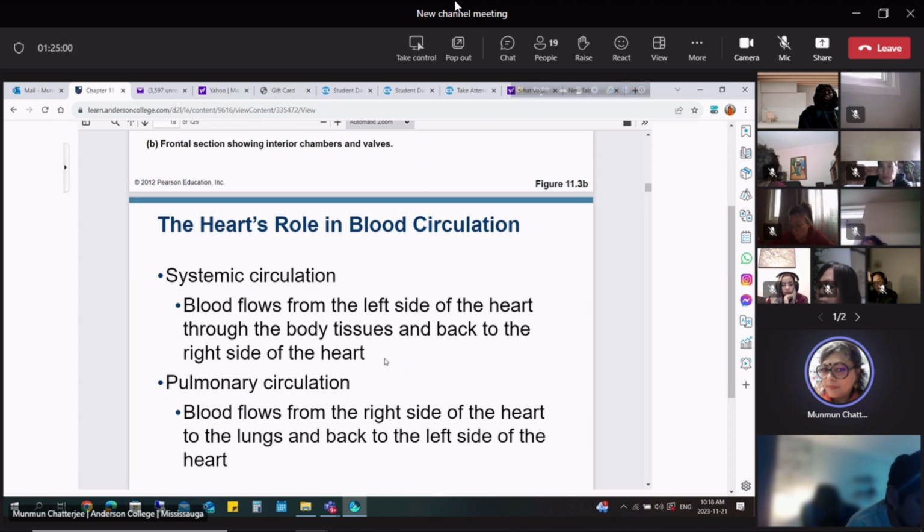That is called the pulmonary. Pulmonary means lung. And then it becomes purified. After gaseous exchange, the blood gets oxygenated and comes back to the left atrium. So it's called pulmonary circulation. Blood flows from the right side of the heart to the lungs and back to the left side of the heart after circulating through the lungs, becoming oxygenated and getting rid of the carbon dioxide.